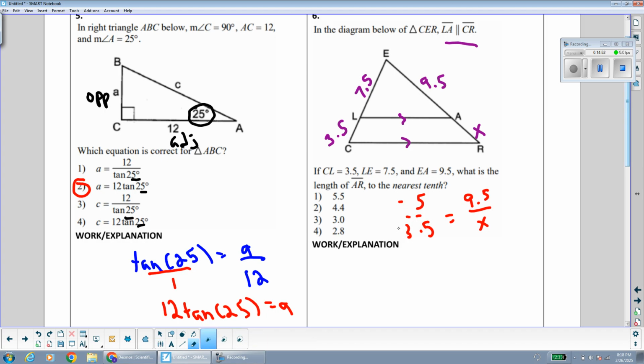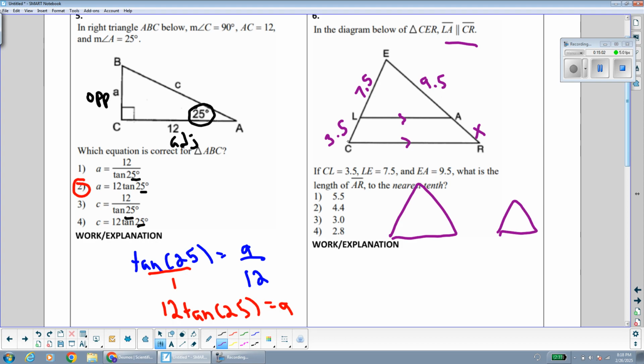So I'm going to do it a bit differently. I'm going to redraw the two triangles, the big one and the smaller one on the inside. The big one is CER. The smaller one is LEA.